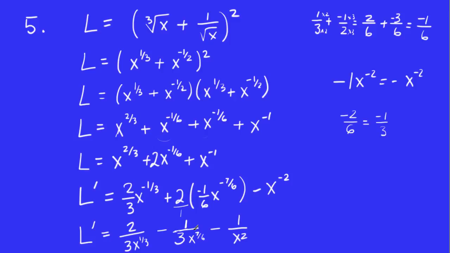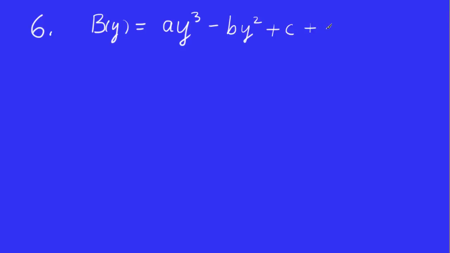Let's try one more, and then we'll go on to something else. This last one's easy. What if you have something like this? I don't know, b of y is like a y cubed minus b y squared plus c plus d y to the minus 1, okay?